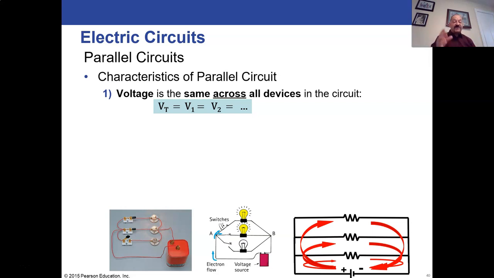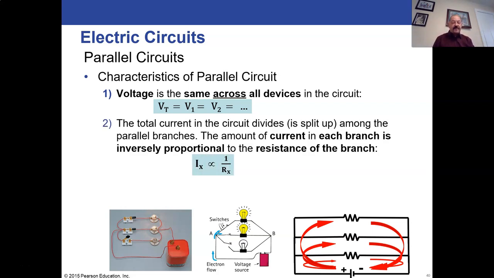And as a result, the voltage that every lamp sees, every resistor sees, in other words, the voltage across every resistor is exactly the same voltage. It's the voltage from the battery. So the total voltage is the same as the voltage across each resistor or each lamp or each device in a parallel circuit. They all get their own source of energy from the battery directly.